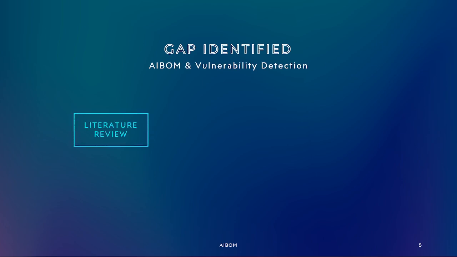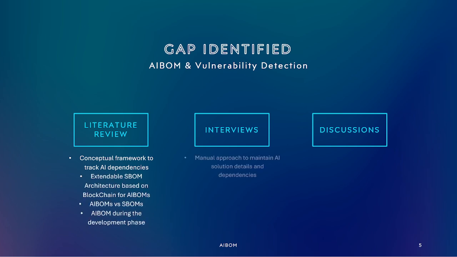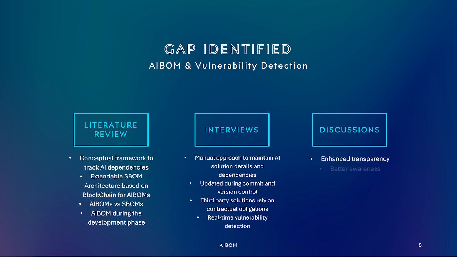The gap that I identified, unfortunately, is that the research resources available, in terms of research papers and articles by industry veterans and academicians, are very limited. So the literature review was conducted with the limited research papers that are emerging, and what has been proposed as a solution to circumvent AI supply chain attacks was a concept drawn from the software domain itself, which is the software bill of materials.